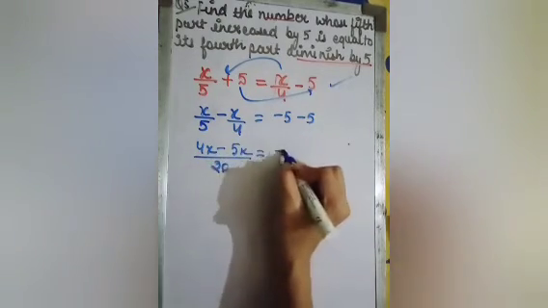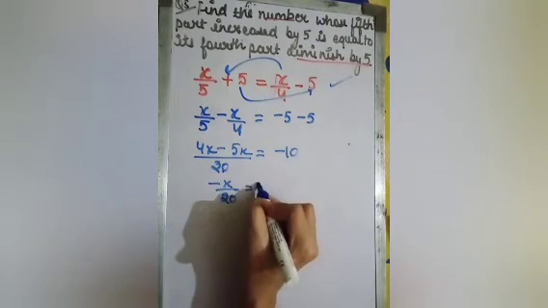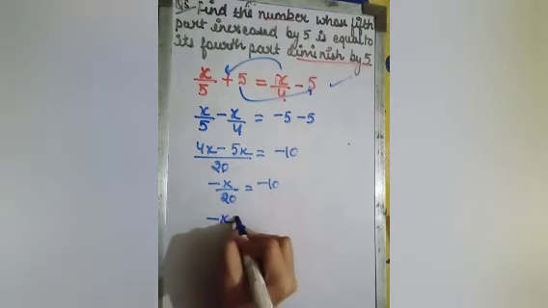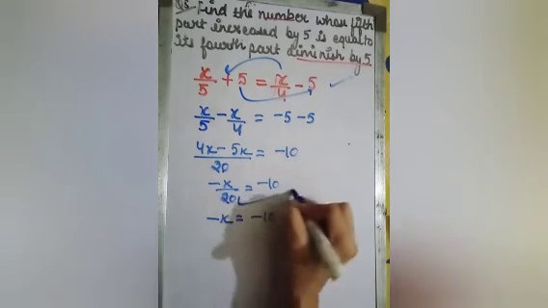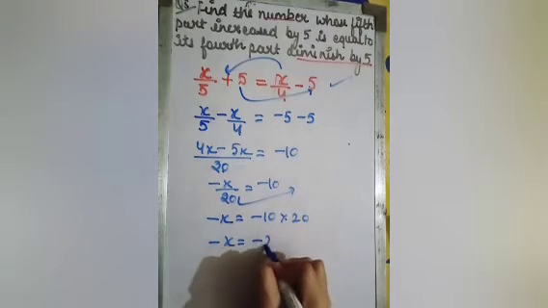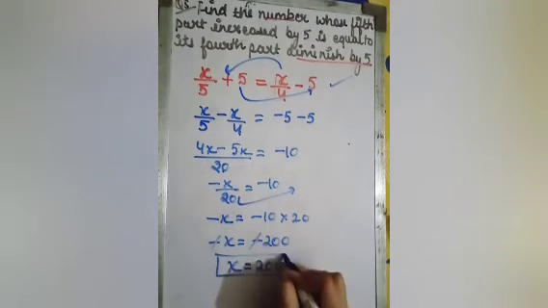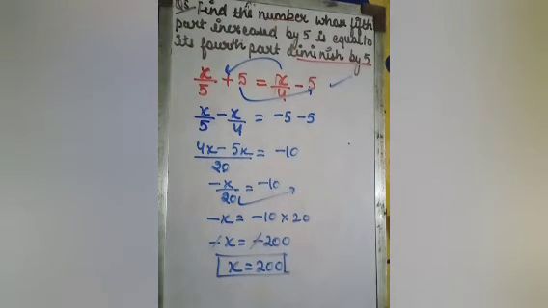It will be minus minus plus minus 10. Here we have minus x upon 20 equals to minus 10. So from here you can find the value of x, right? 2 को इधर भेजेंगे, it will be 20. So minus x equals to minus 200. Minus से minus cancel. x equals to 200. So the number is 200.